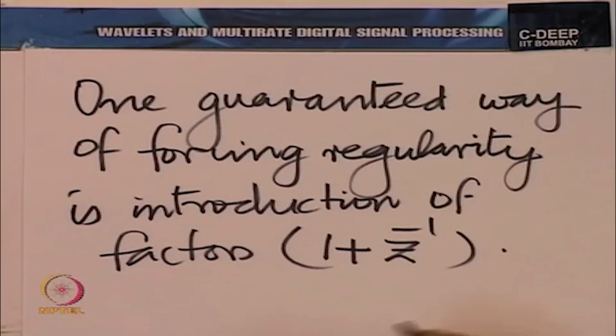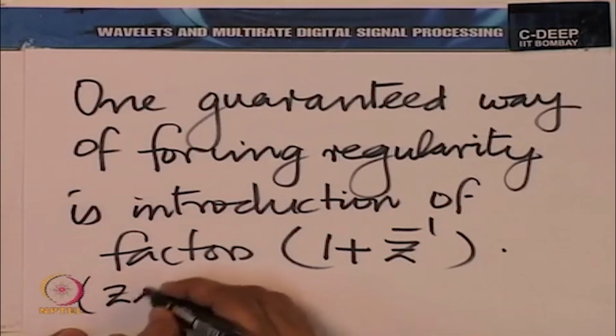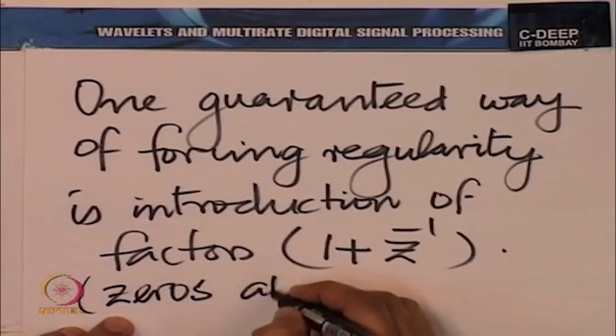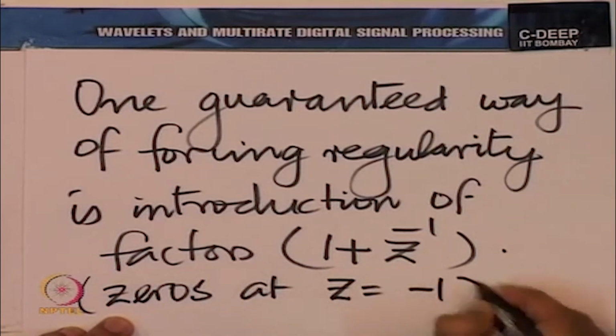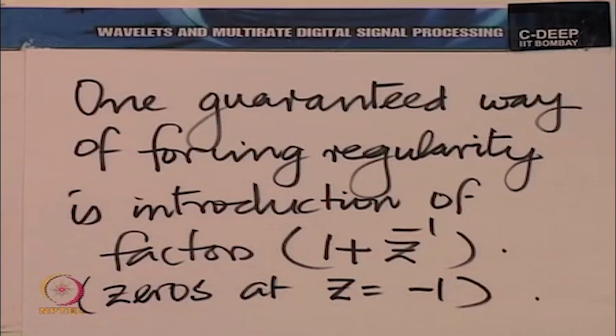So, the more zeros you have at z equal to minus 1, of course, in the low pass filter, and therefore, correspondingly you would have zeros at plus 1 in the high pass filter.